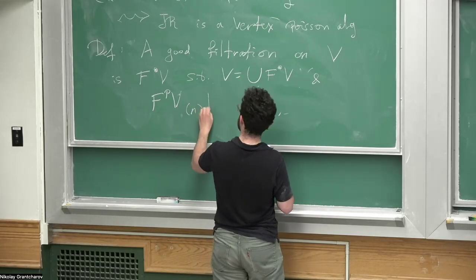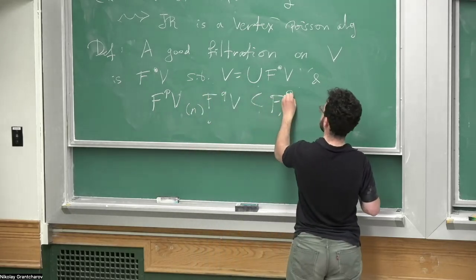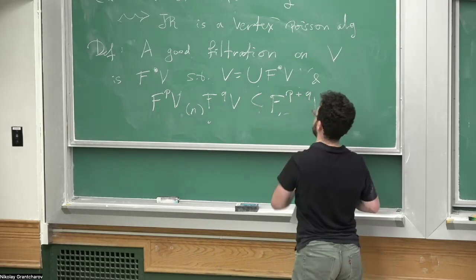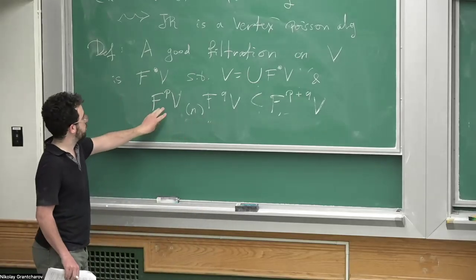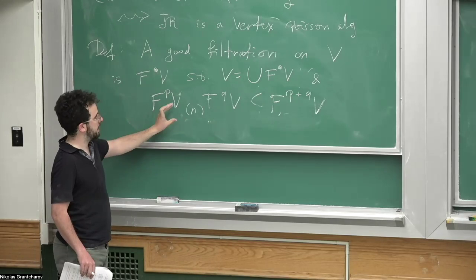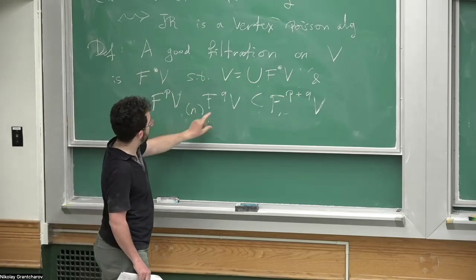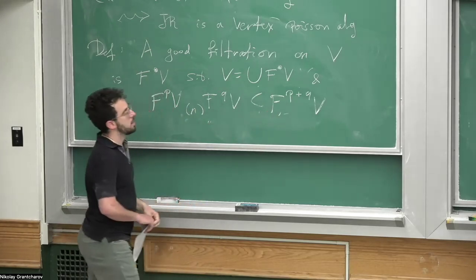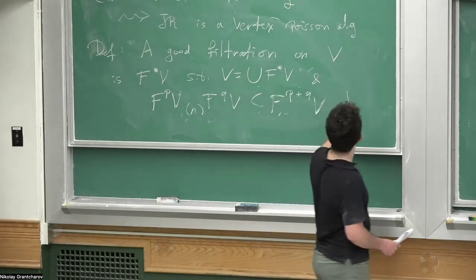So for each n, we want that. This notation means I start with an element here, I take the corresponding field, I take the nth component, which is an endomorphism, and I apply it here. But second, we want the filtration to be commutative.